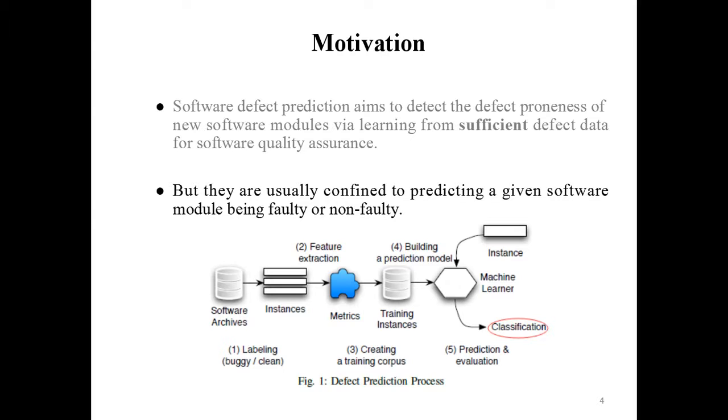However, predicting the defect proneness of a given software module doesn't provide enough guidance to software testing in practice, so it may result in a waste of limited maintenance resources.